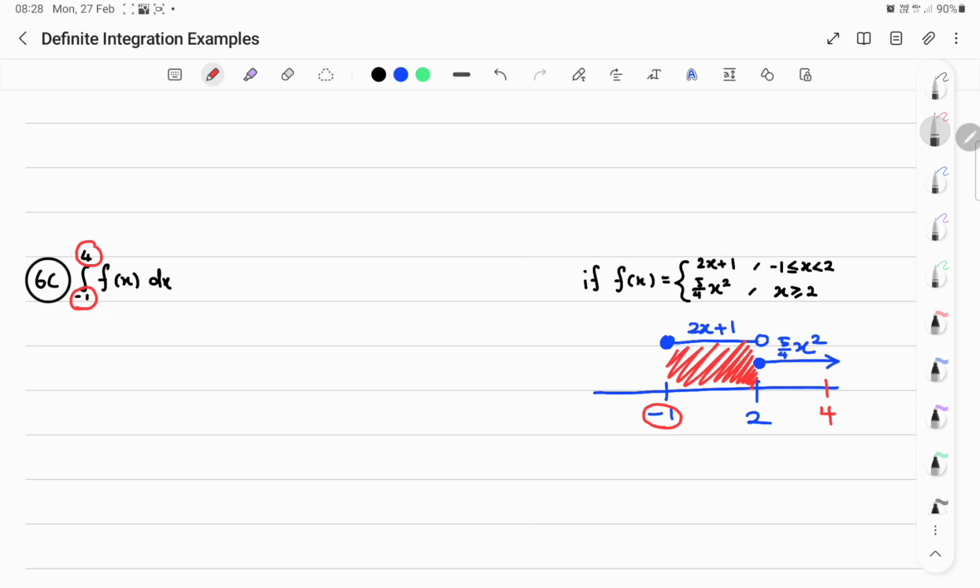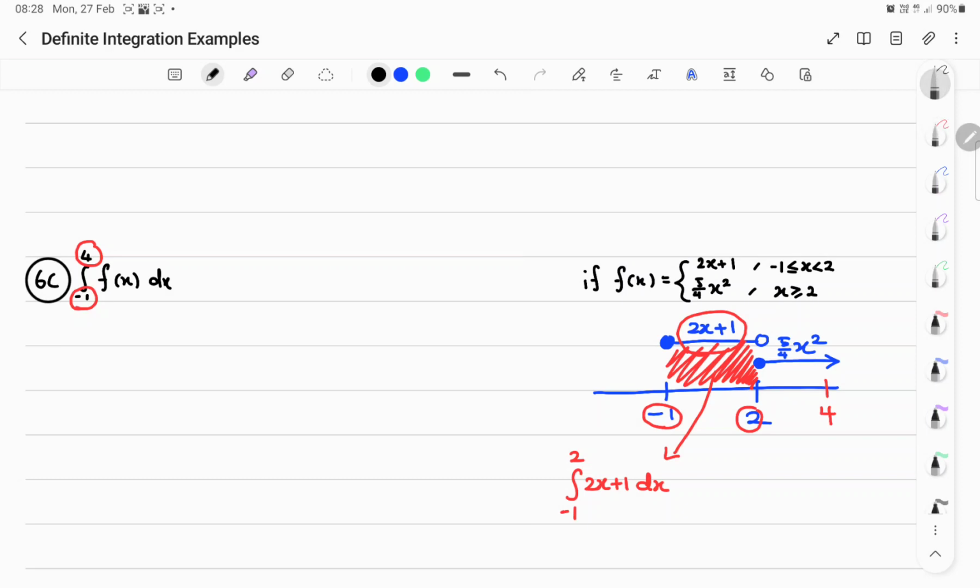This is the integration from minus 1 until 2. This shading touches the first line that belongs to 2x plus 1. So, that's the function for our first integration.